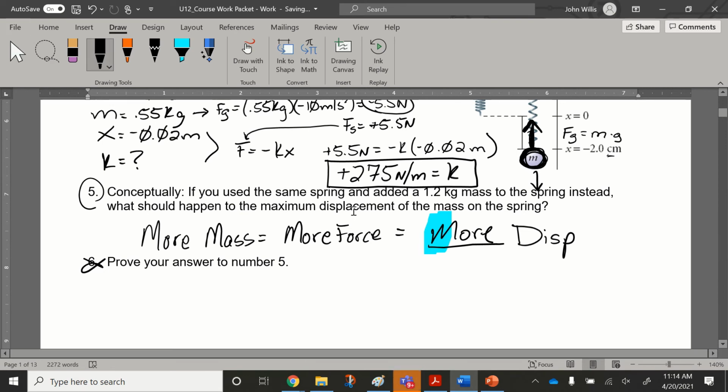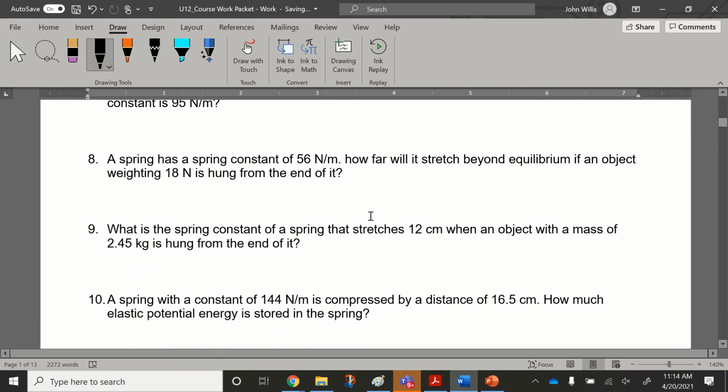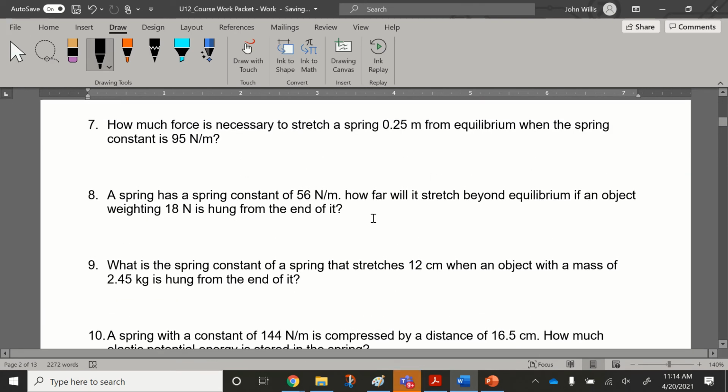That's it. Next page, 7, 8, and 9 are all going to use Hooke's law, right? Number 9 is a little bit more like what I just did in number 4 with you guys, where you have to find the weight of the mass on the end of the spring.